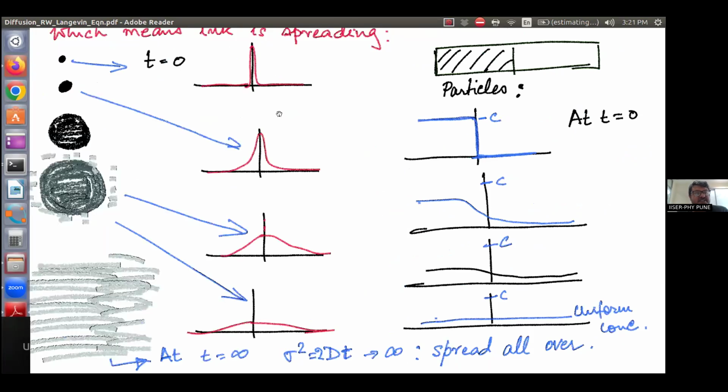Here, your initial condition was such that all the particles were fixed at one point in space at time t equal to 0. There, the initial condition is a concentration gradient. You put in that initial condition and mathematically solve it, and at time t equal to infinity, again you will have a uniform concentration. But it won't be spreading like a Gaussian because you have a fixed gradient.